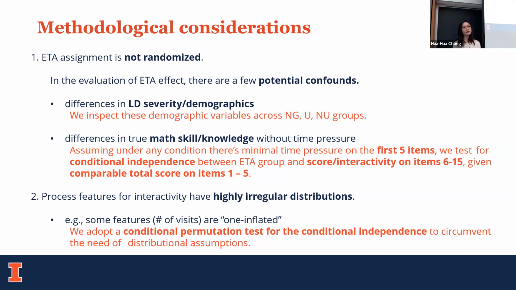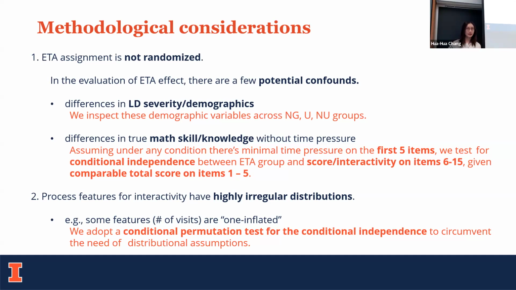The other methodological challenge we face is that process features for interactivity have highly irregular distributions. And despite that, we try to log transform some of them. They might look more symmetric, but they still look quite irregular. One example are some features that are 1 inflated, for example, number of visits. I came up with the name, which is analogous to like 0 inflated Poisson, where you have a large group of students. Actually, the majority of students, they just visit the question once. So their number of visits is going to be 1.